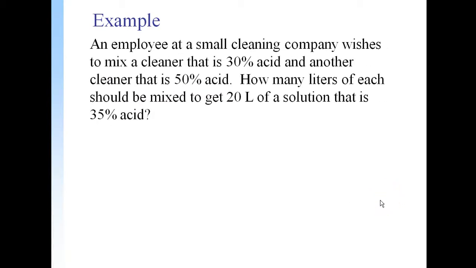Okay, now we're going to do something else, which is a mixture problem, similar to what we've just done. But again, you want to watch it carefully because if you have a mixture problem, this is what you'll need to know. And let's look at it carefully here.